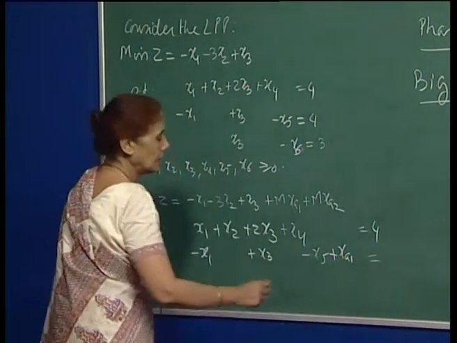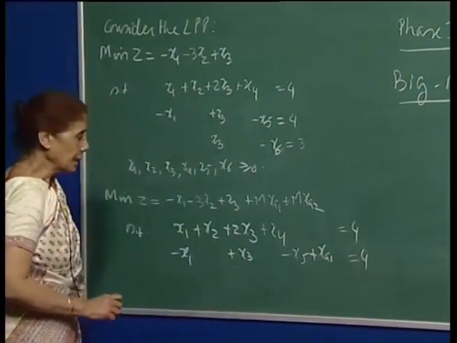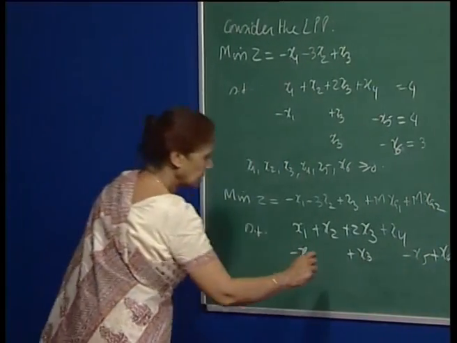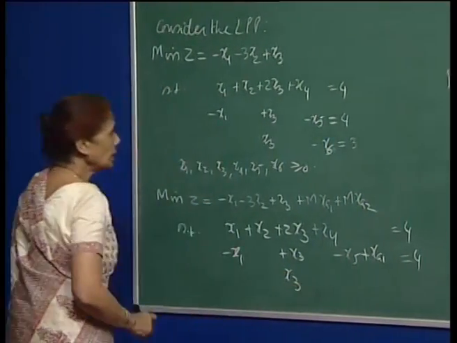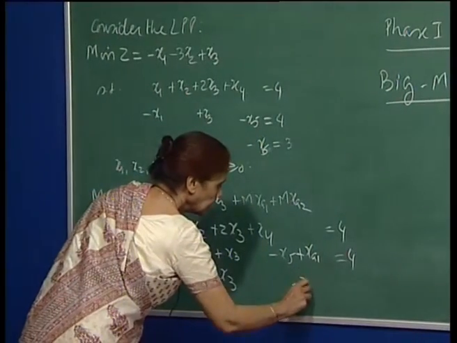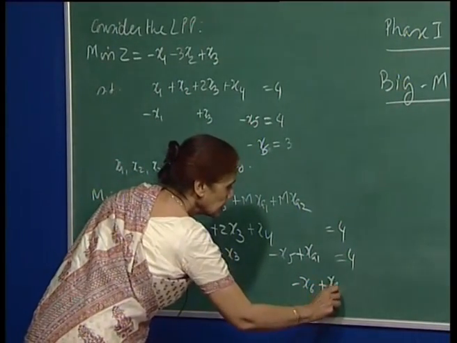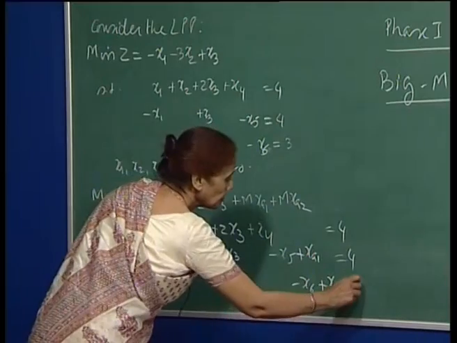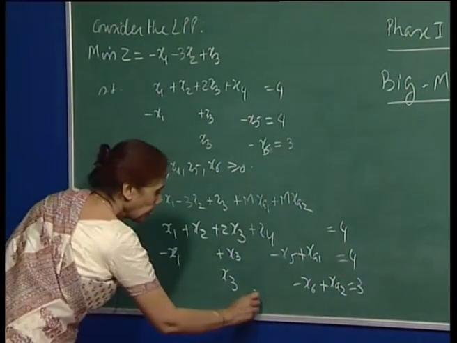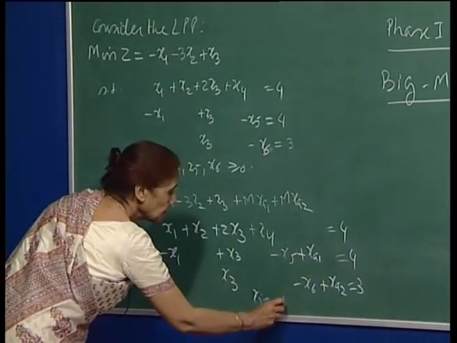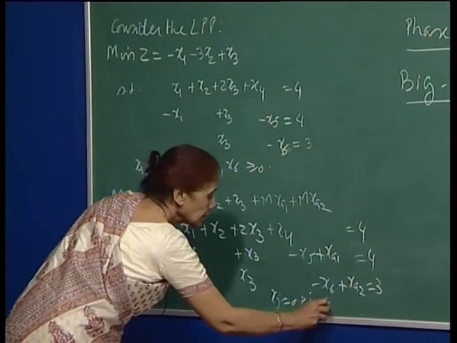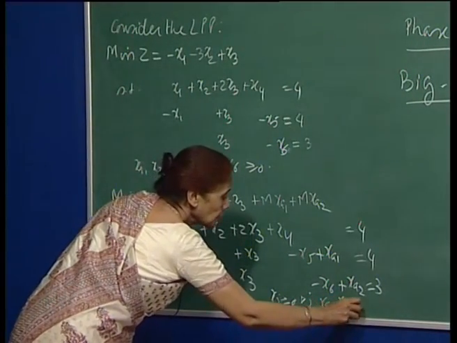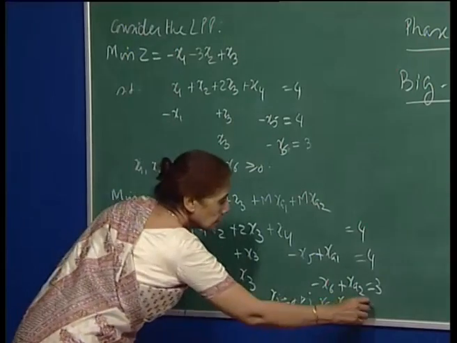So, I add an artificial variable here to start off. Then the third constraint is x3 minus x6 plus xa2 is equal to 3, and all the variables xj are greater than or equal to 0 for all j, and xa1, xa2 are greater than or equal to 0.